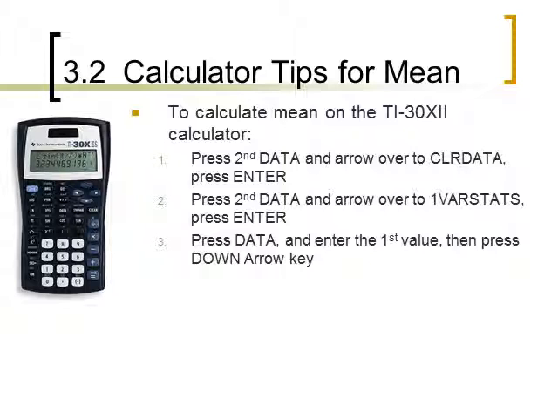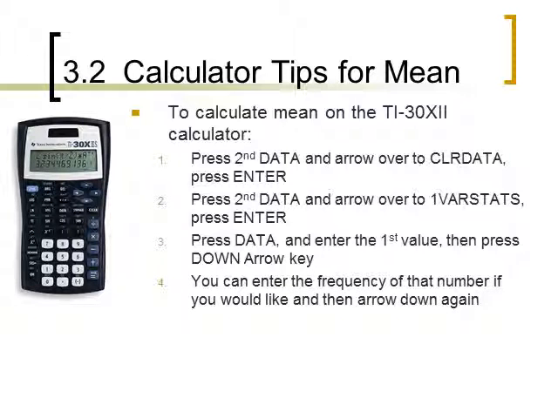So press data and enter the first number. This first number will be entered after the symbol that says X1. Press the down arrow key twice. The reason why I say press it twice is after X1 and you press down, it'll say F1, which stands for frequency.